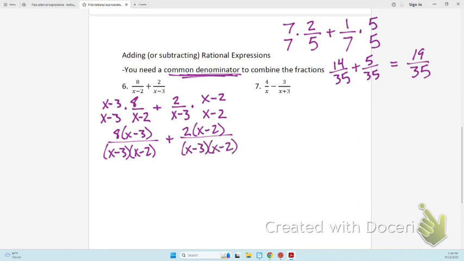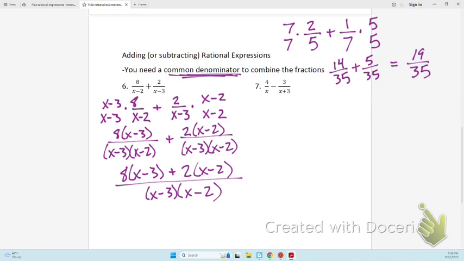Now we have a common denominator. I can add the tops. We have one giant fraction. Now you're welcome to distribute the bottom, but I'm wondering if up top, when we add like terms, maybe we could factor it and cross a factor out.